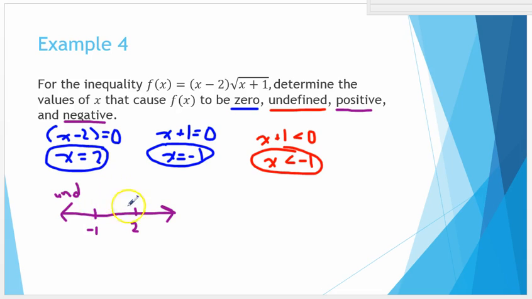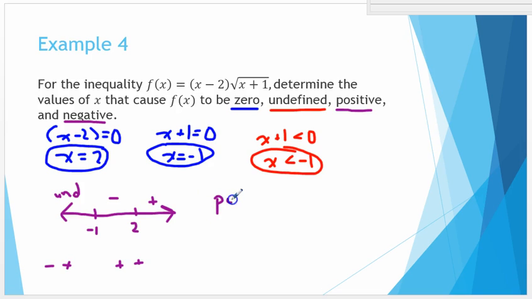And then I plug in a number in between -1 and 2, like 0. If you're plugging in 0, you get a negative and then a positive. And when you multiply a negative times a positive, that answer is negative. Next, we'll plug in a number to the right of 2, like 3. If you're plugging in 3, this will be a positive times a positive, which comes out as a positive value.